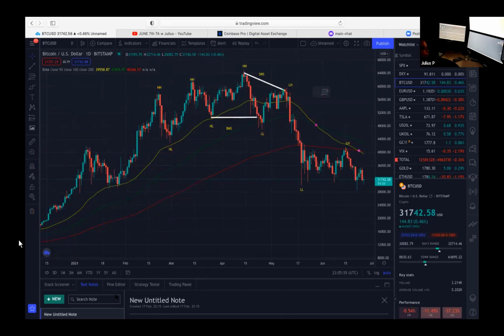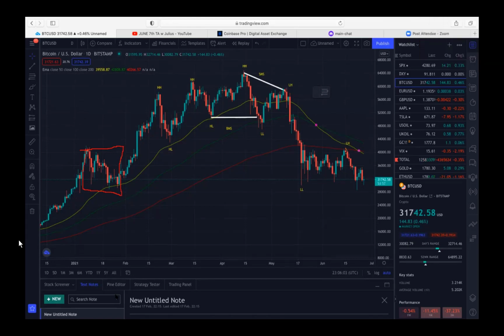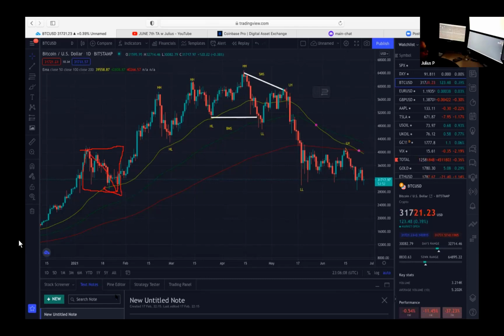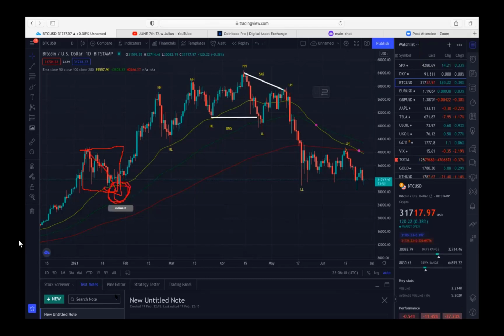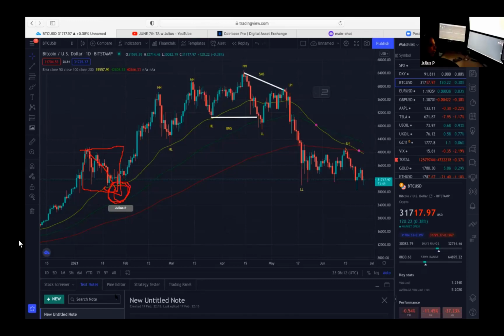So the order block is a block of orders that push the market in a particular direction in order to get better pricing. Make sense? Definitely, yeah. Okay, now watch this.